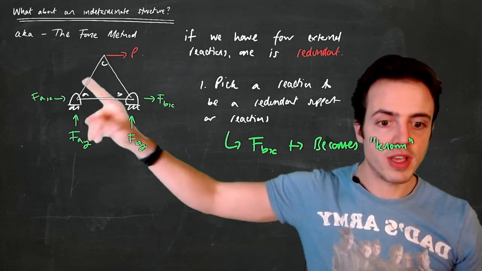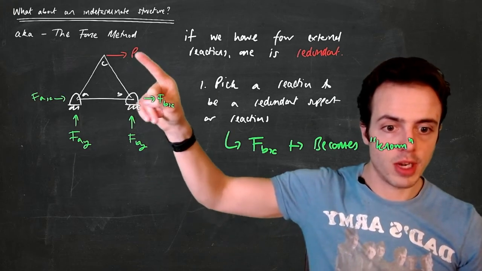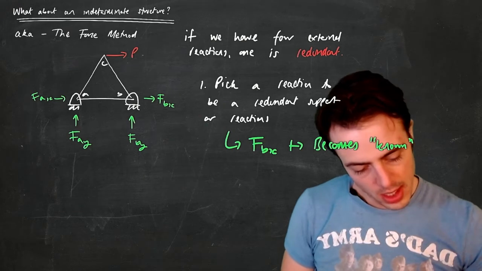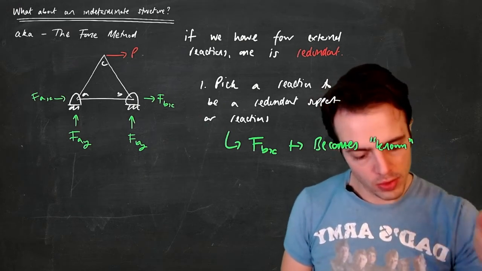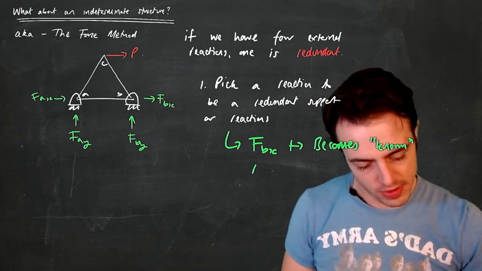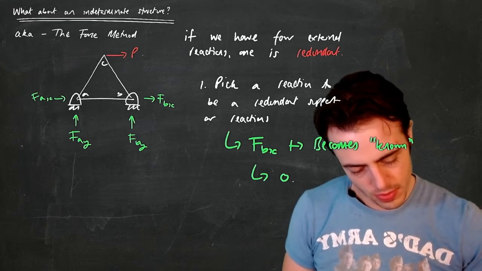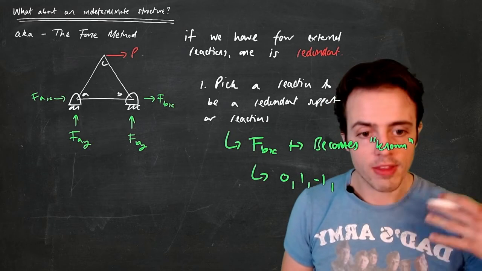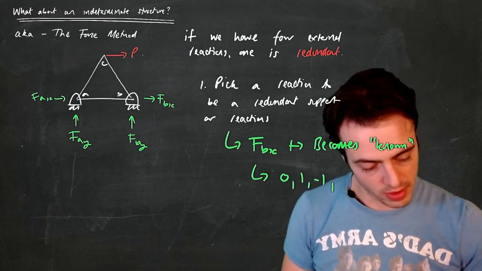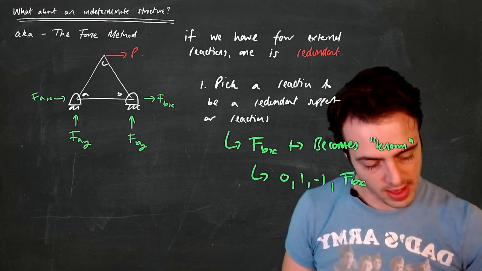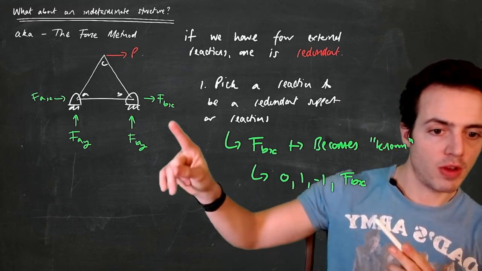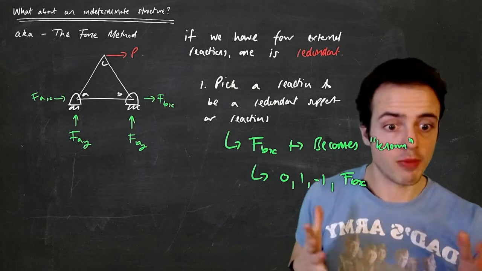So we would redo our free body diagram subject to a loading of P and FBX. And when I say the value is known, it's either going to have the value of 0, 1 or -1, or the value that we're going to determine, which we'll just say is FBX. And this is going to be the value that we're determining. And once we've got that, we then solve the whole problem again with that now being a known value.